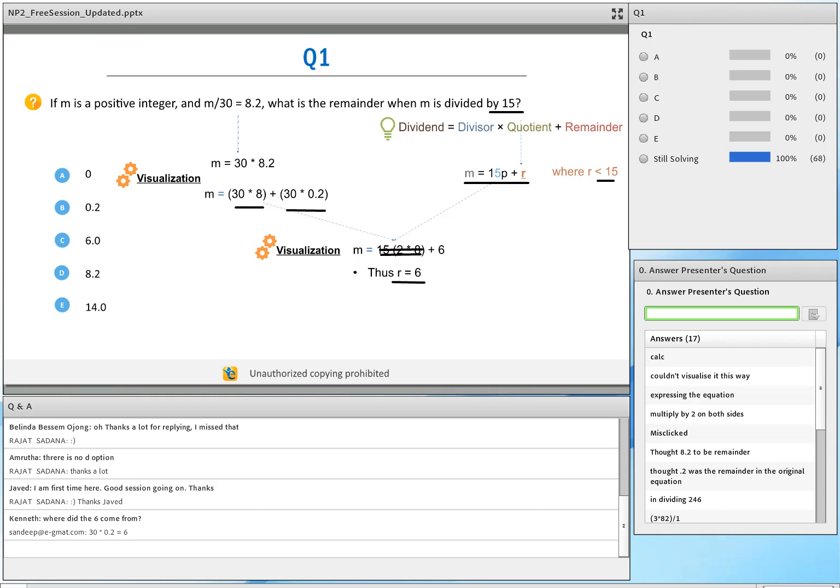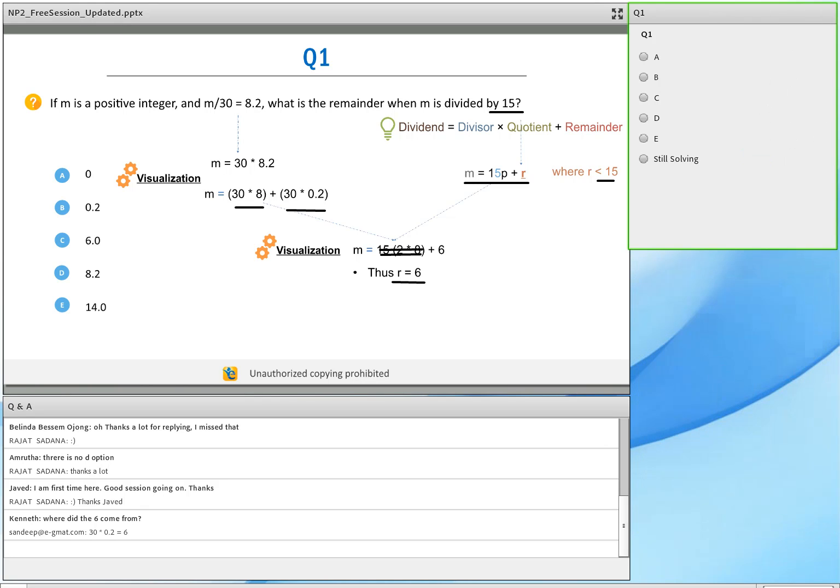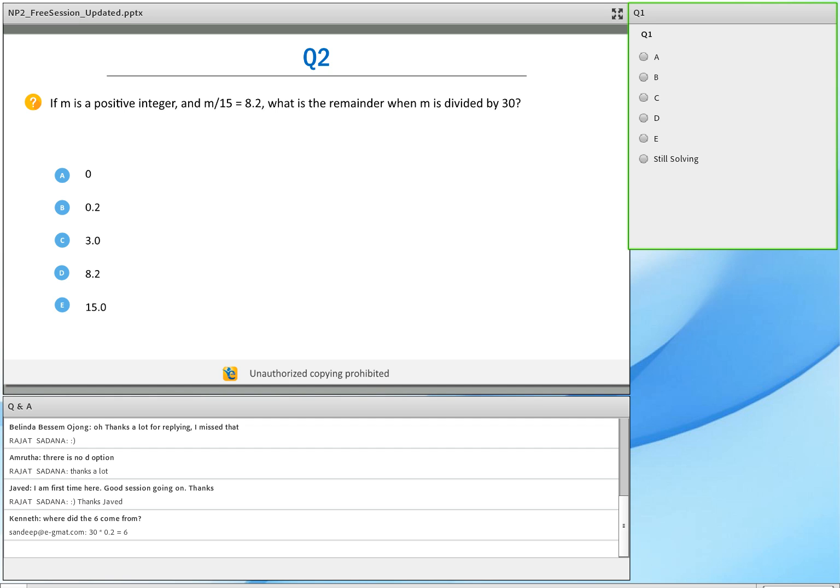Okay, let's get to 100 people saying still solving. 94, 98. Okay, we have 100 people who said still solving. I'm going to now show the next question. Here's the next question, very similar question.